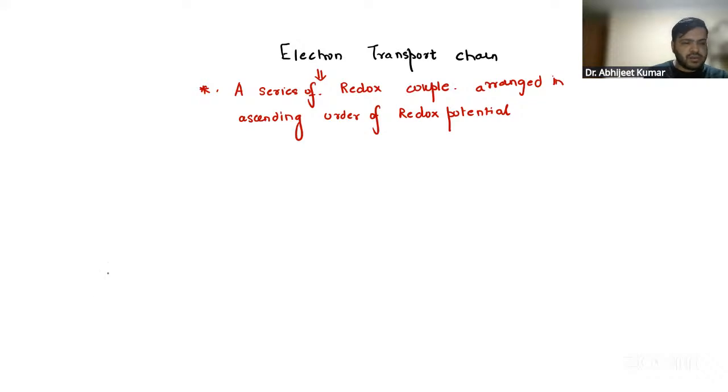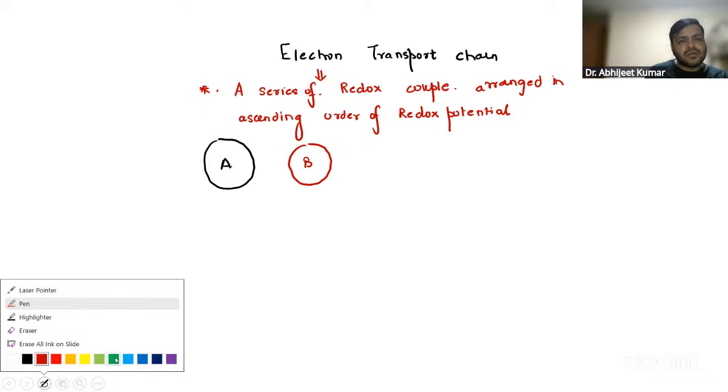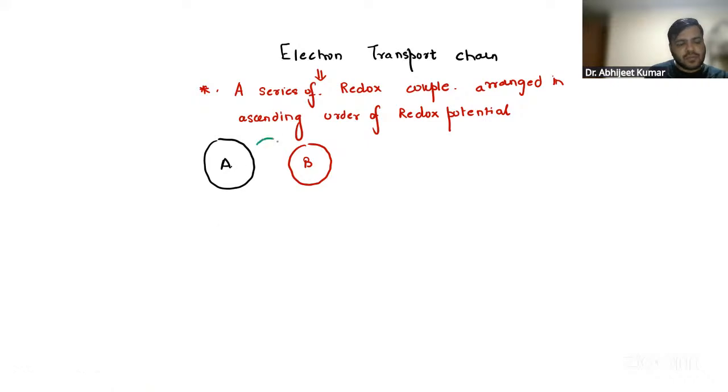So let us just take an example. If there is something called A, right, and there is something called B. Now, whenever an electron jumps from low redox potential to high redox potential, it is an exergonic reaction. It will liberate free energy.